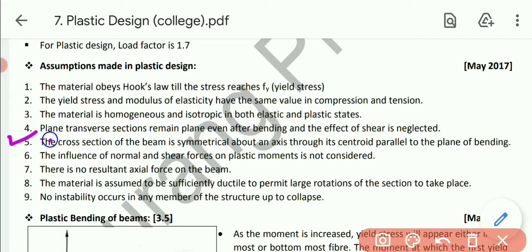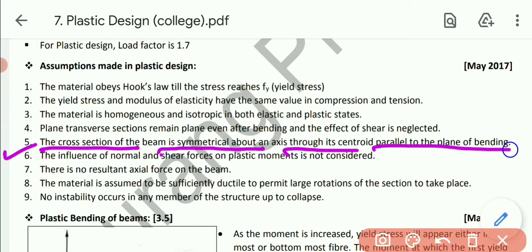Fourth, plane transverse sections remain plane even after the bending, and the effect of shear is neglected. Then fifth, the cross section of the beam is symmetrical about an axis through its centroid parallel to the plane of bending.